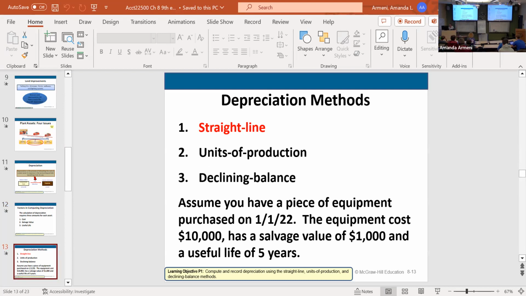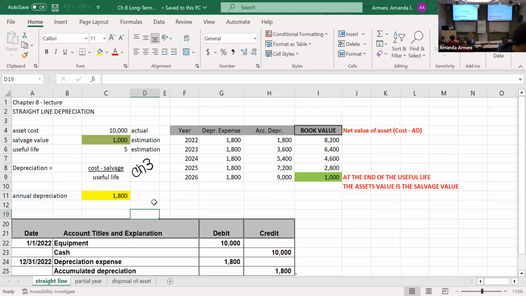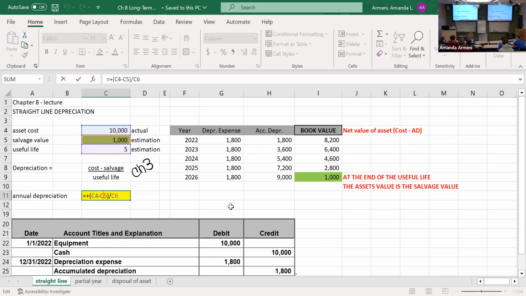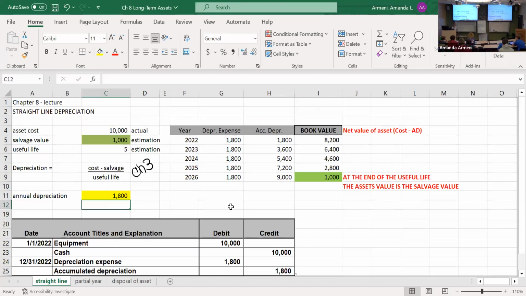We went through the same example under two different circumstances. The first circumstance was when we bought the asset on January 1. Nice and easy, right? Because then we know in that first year, we take a full year's depreciation. We took the asset's cost minus the salvage value divided by the useful life, and it got us an amount of $1,800 of annual depreciation.